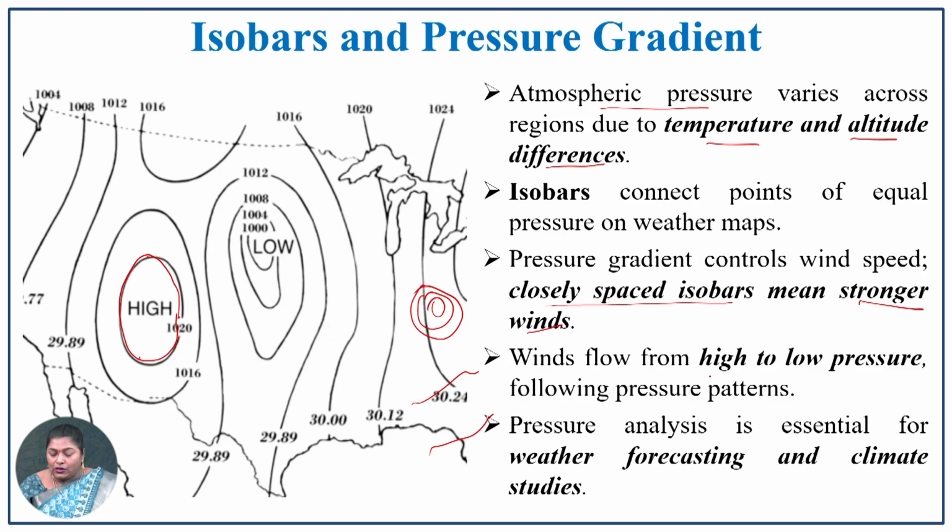The wind always flows from the high pressure region towards the low pressure region, following the pressure patterns. Pressure analysis is essential for weather forecasting and climate studies, so an understanding of isobars and pressure gradients is required to read weather forecasts and for climate studies.